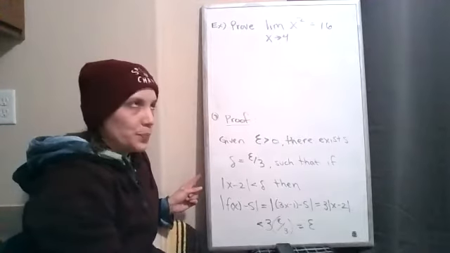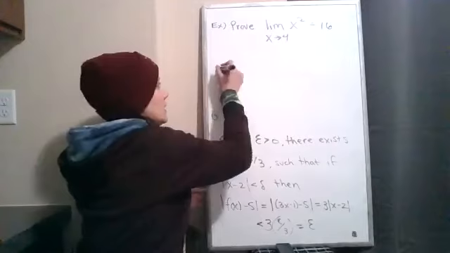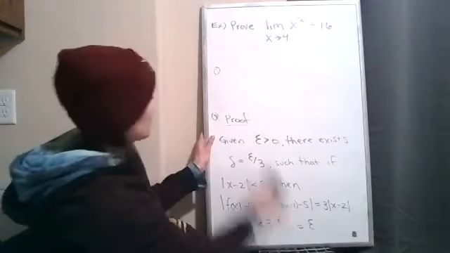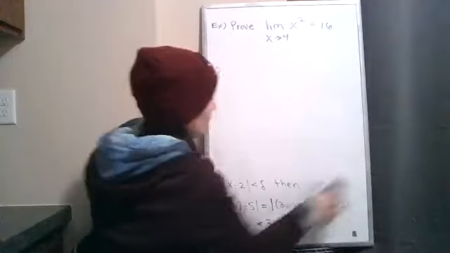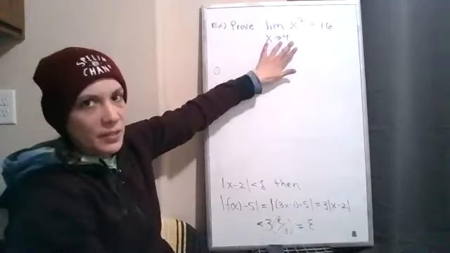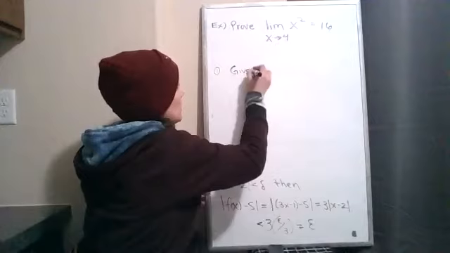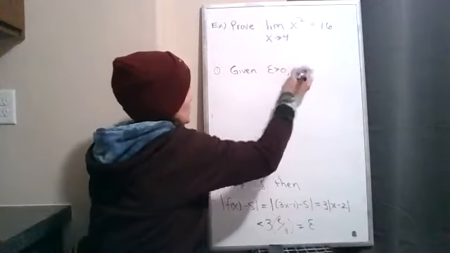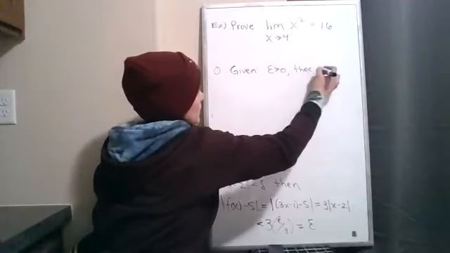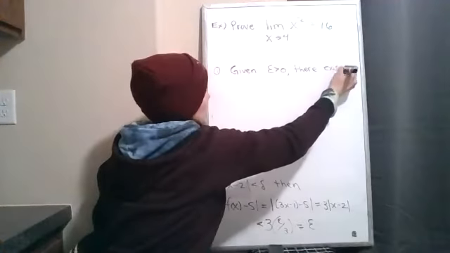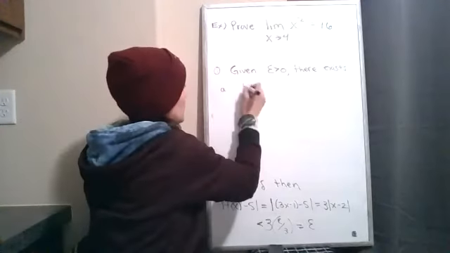Okay, start with the definition for the limit, but make it specific to this problem. So given epsilon greater than 0, there exists delta greater than 0.